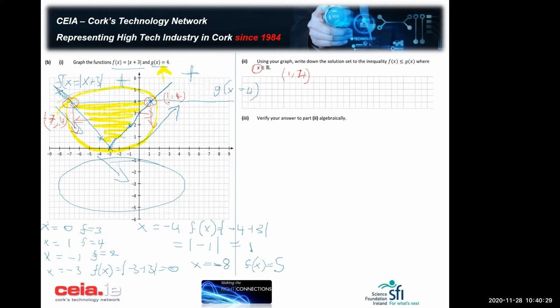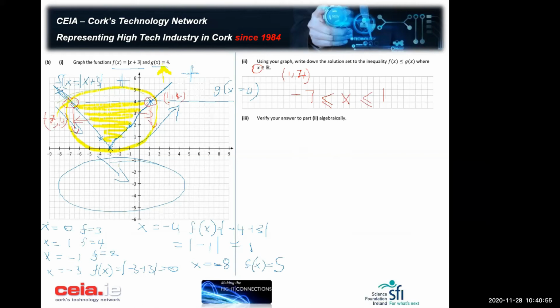Well, where that occurs is between -7 and 1. Put x in the middle. So where x is greater than or equal to -7, because it is equal to as well, and where it's less than or equal to 1, that is your solution set. So I hope you all can see that.